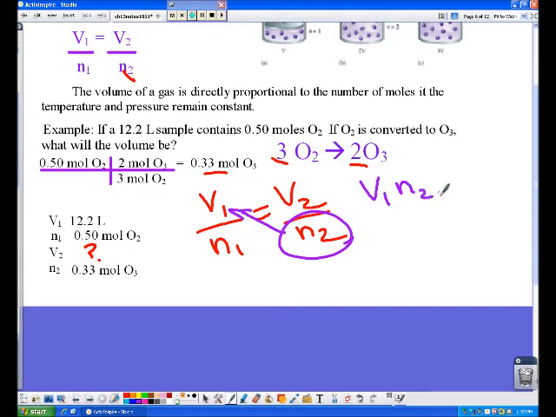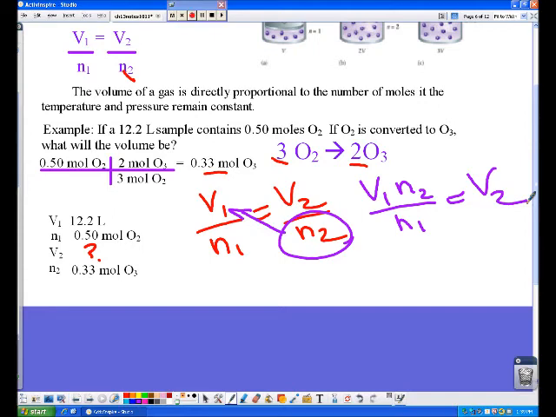What do you expect to happen to the volume here? What's happening to the moles? Are the moles going up or down? We're going from 0.5 to 0.3, so are the moles going up or down? They're down, so what should happen to the balloon if you let some air out?